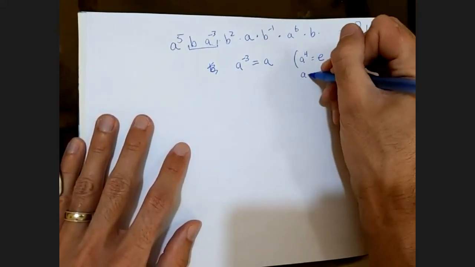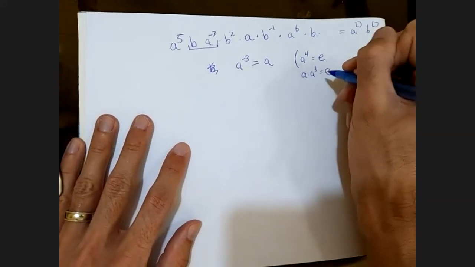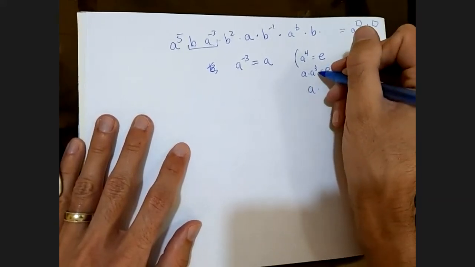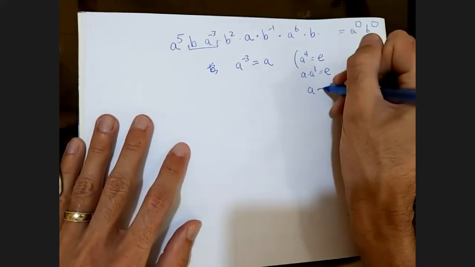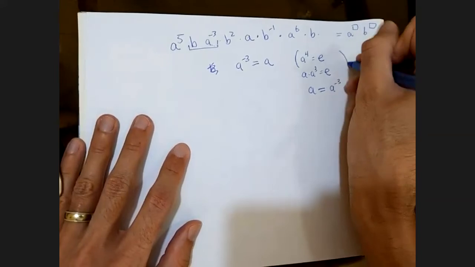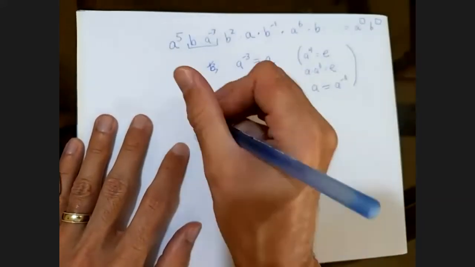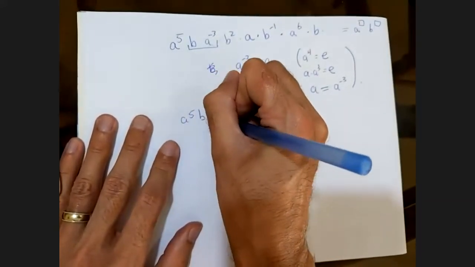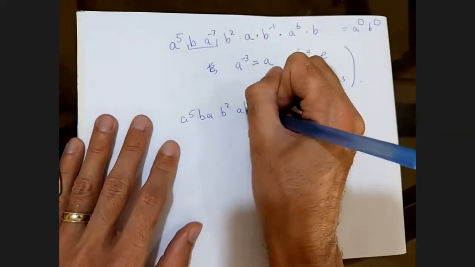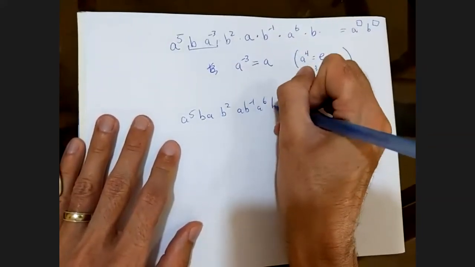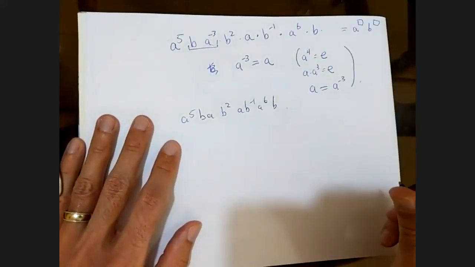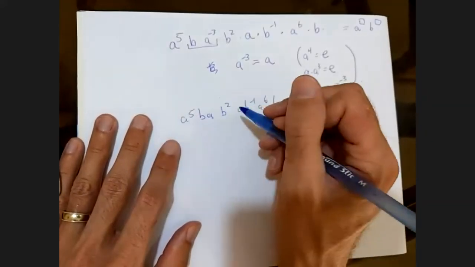So A times A cubed is the identity. So multiplying by the inverse of A cubed, we have A equals A to the minus 3. Okay. So we can rewrite this whole thing as A to the 5th B A, B squared, A B inverse, A to the 6th B. And now I know that B times A is A cubed B.